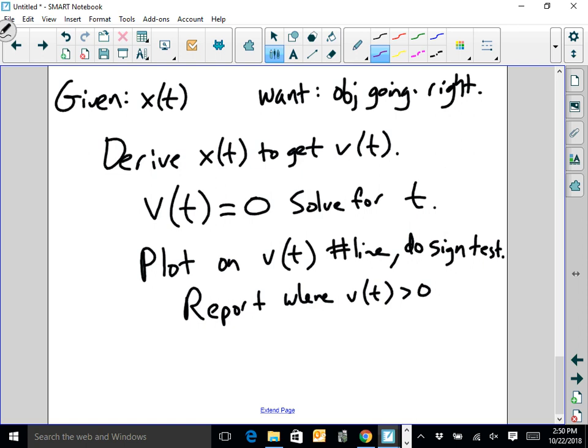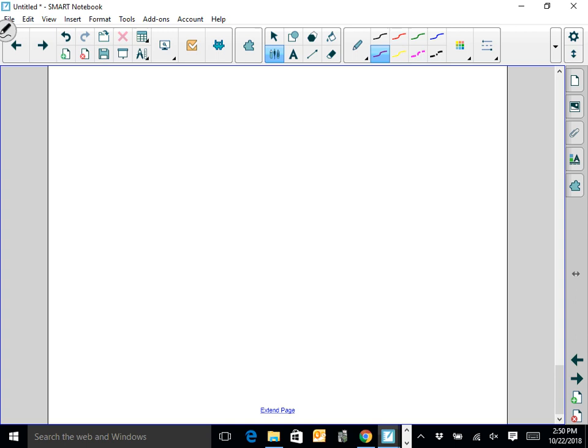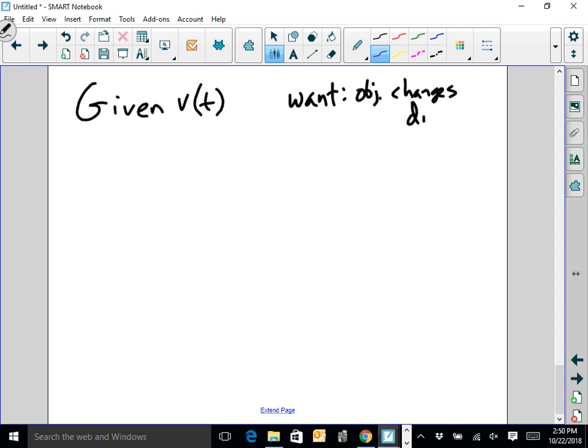Next scenario, this will be our last scenario. We're given a v of t equation. I want where the object changes direction. So again, what I have to know from the notes earlier, an object changes directions when v of t switches signs.